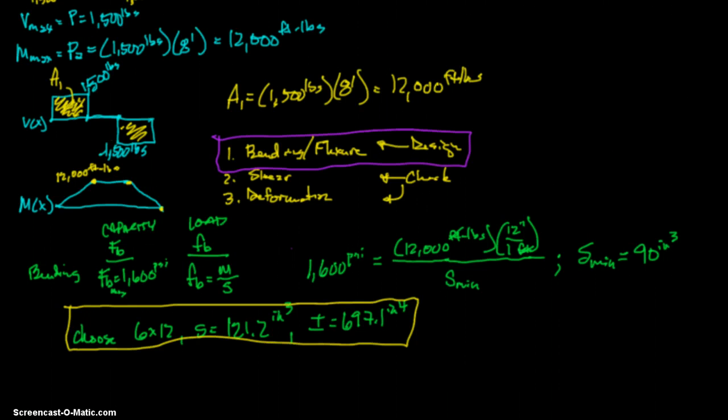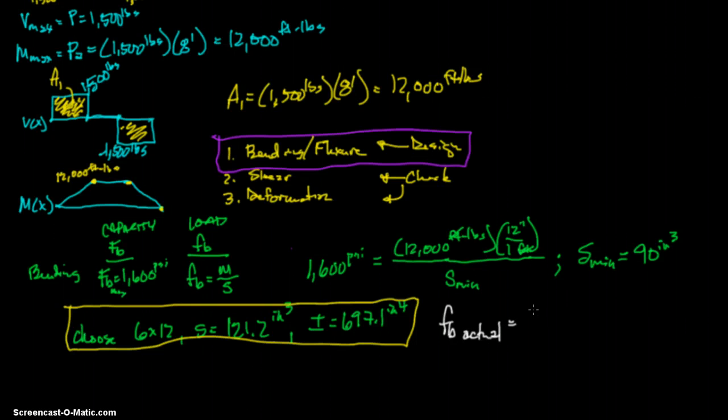let's go ahead and change colors here. Here's your allowable stress. And let's find out what our actual stress is now, since we picked a section modulus that's larger than the S-min, so it should be less than 1600 psi, which it will be. So let's go ahead and figure out the FB actual, let's call it.